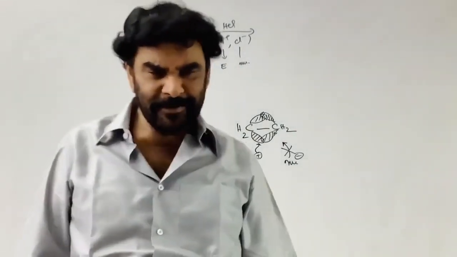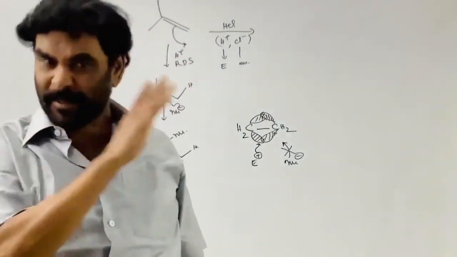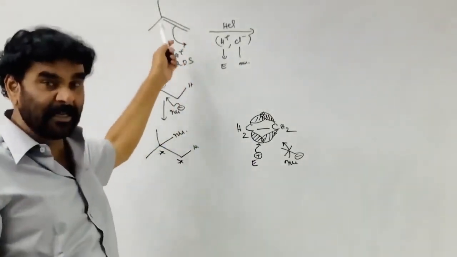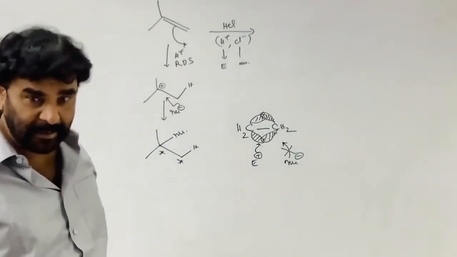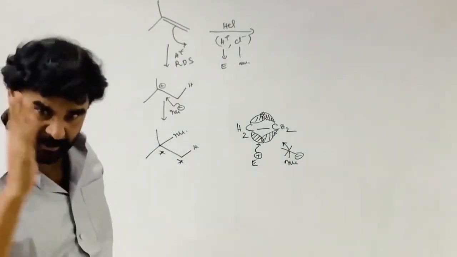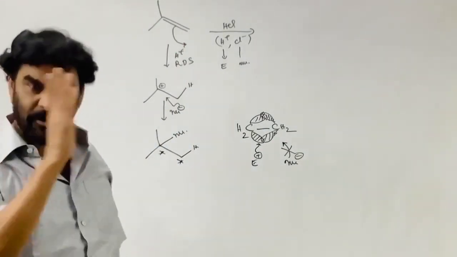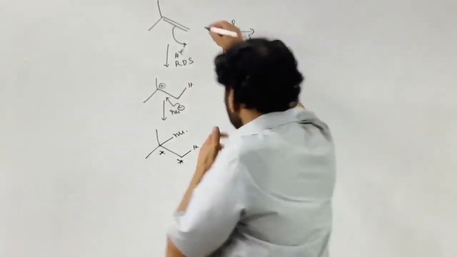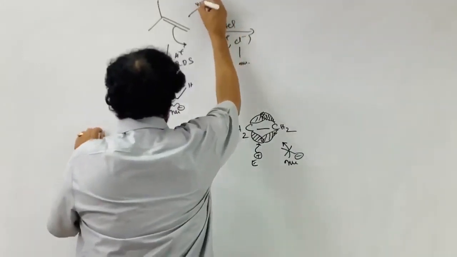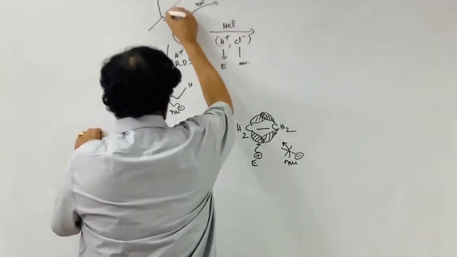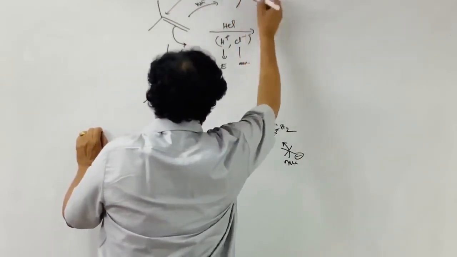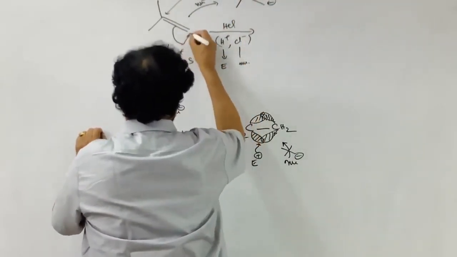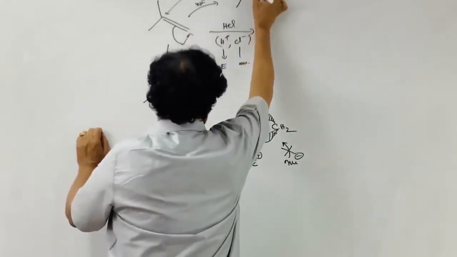Now, the question is, what is the reason for only electrophilic addition? Why not nucleophilic addition? For nucleophilic addition, the nucleophile has to attack first. If the nucleophile attacks here, then a carbanion is generated here.